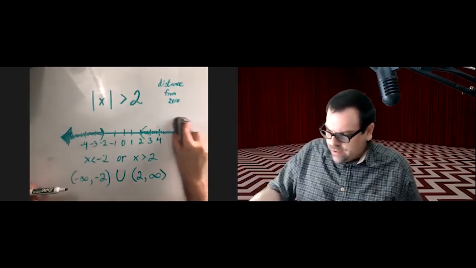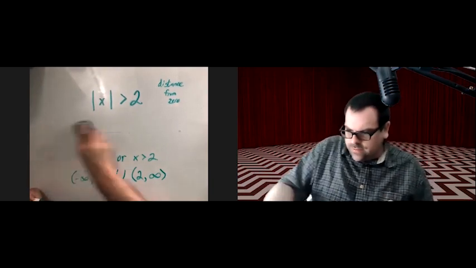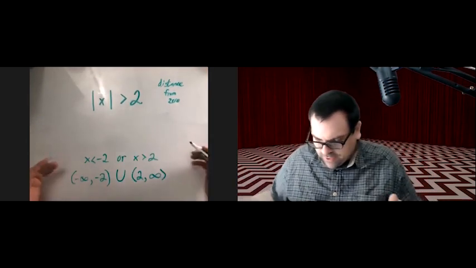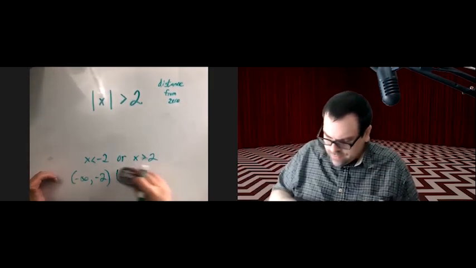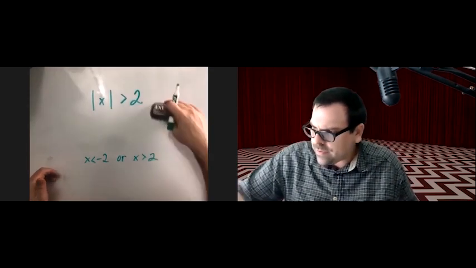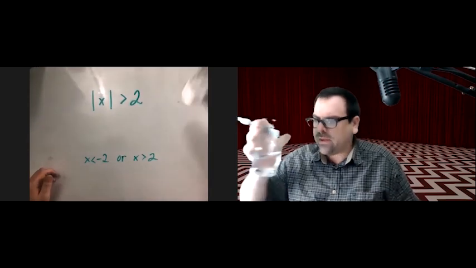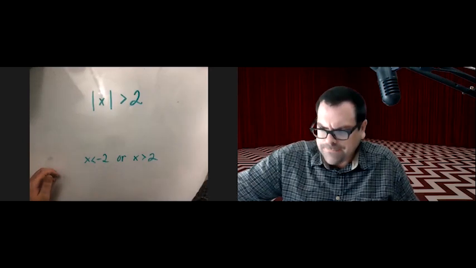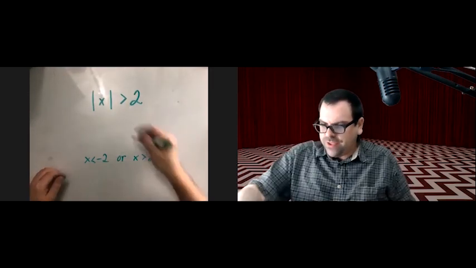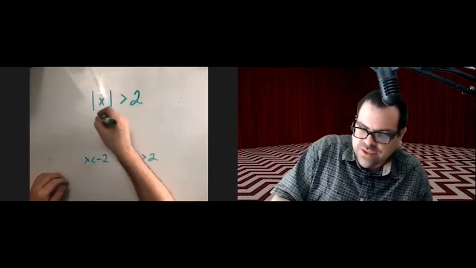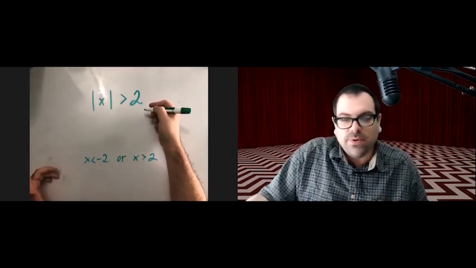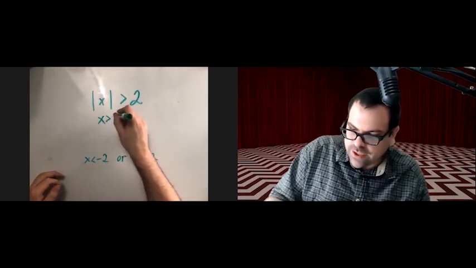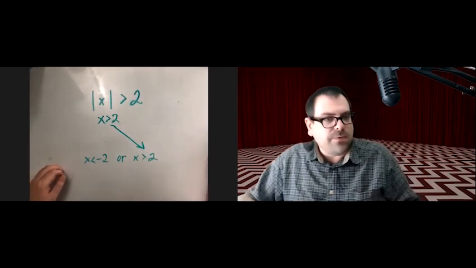And let's find out what our shortcut is by looking at this. Well, this one, we can just drop the absolute value sign. X greater than 2. That gives us that one.